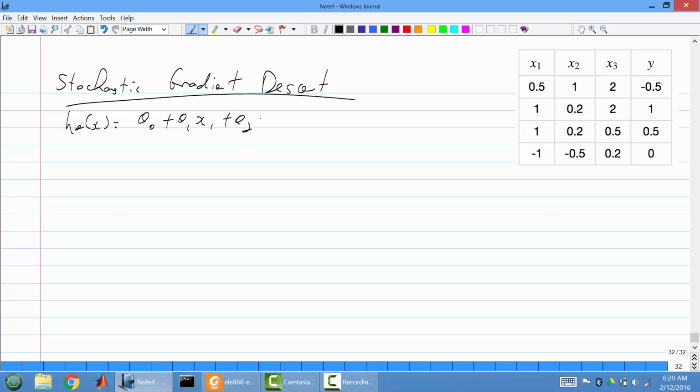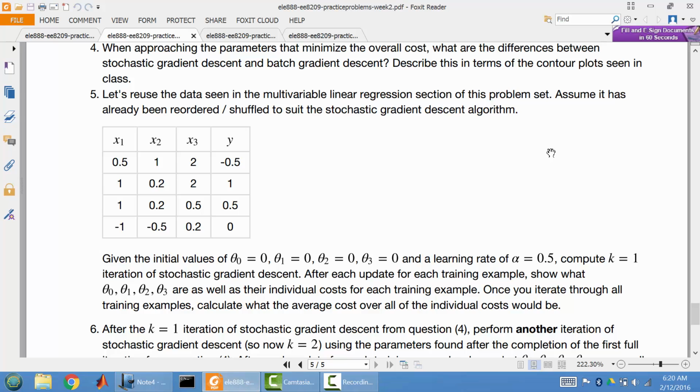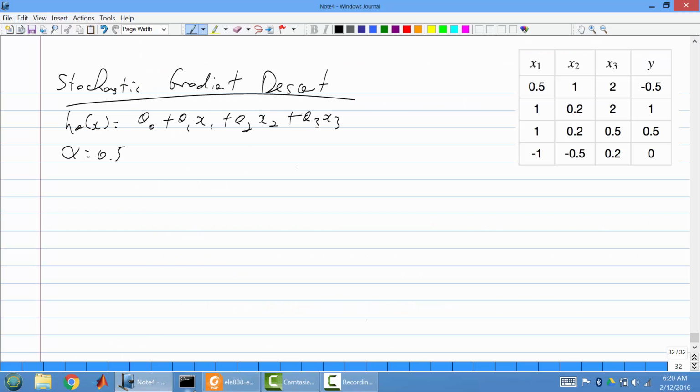We're using 3 features plus a bias term. Okay, we also know the problem is given as 0.5. If you take a look, they give us a learning rate of 0.5. All the initial parameters are 0. Compute 1 full iteration. So that means that you're going to use each training example once, and you're going to update the parameters. Okay, so here we go.